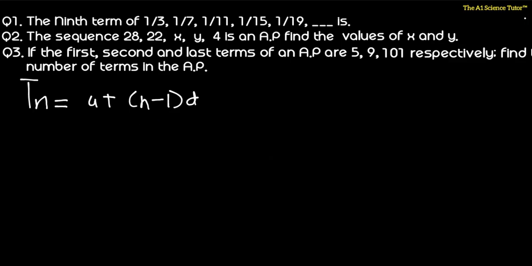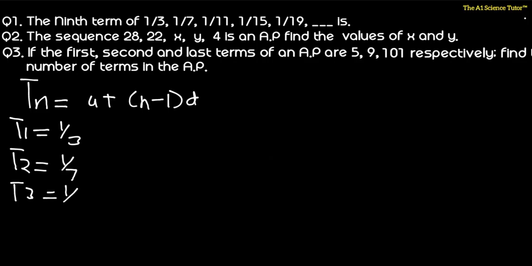Now, what is the first term? First term is T1, and that is 1 divided by 3. T2 is 1 over 7. T3 is 1 over 11. T4 is 1 over 15.